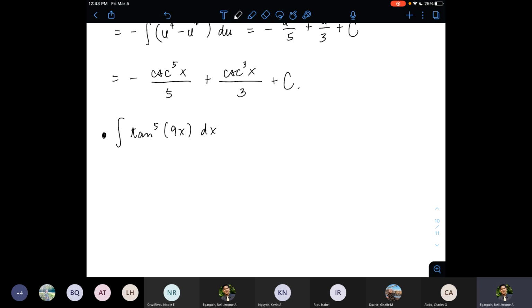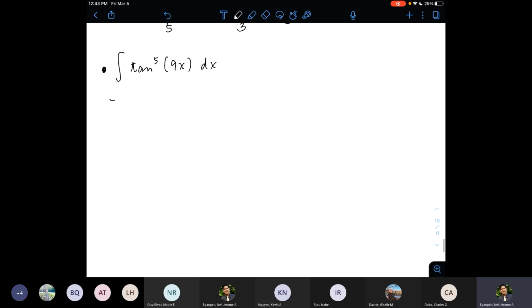But then what you can try to do is still play with the trig identities. The best thing we can do here is to split it up into this. Because we are limiting ourselves to using the most basic trigonometric identities, right?